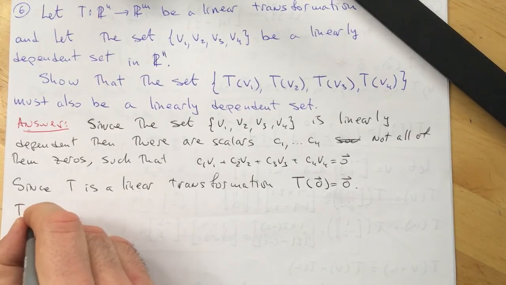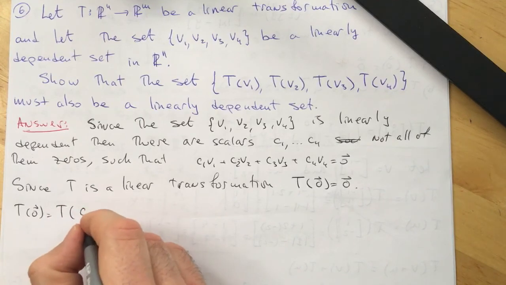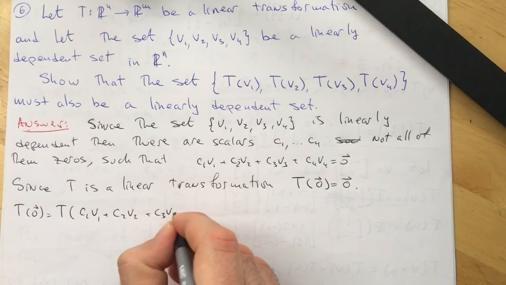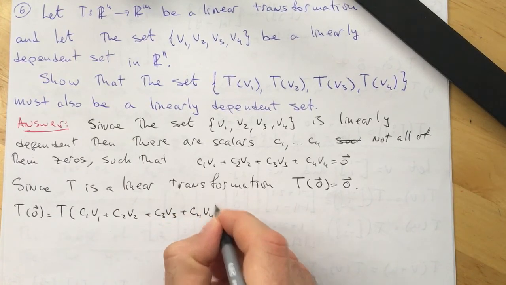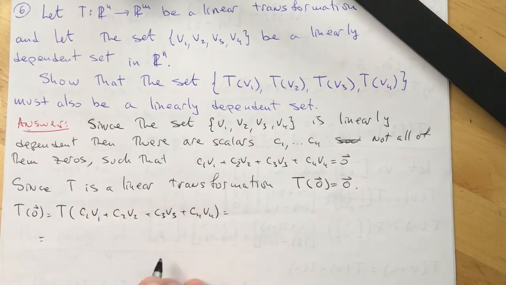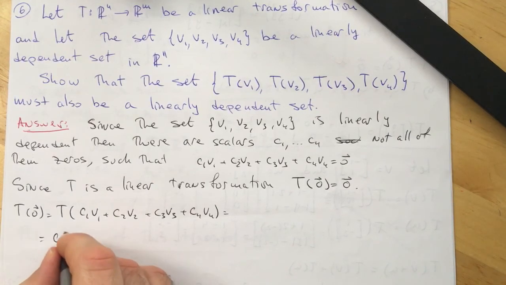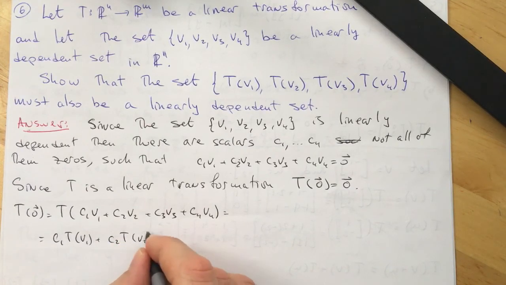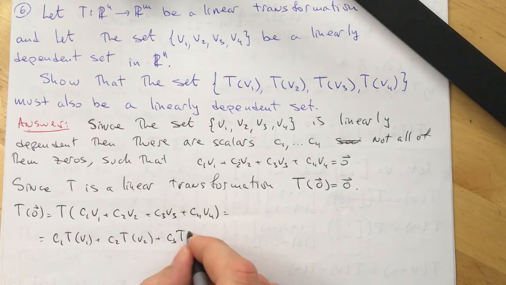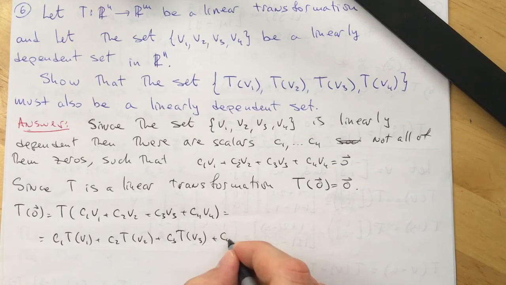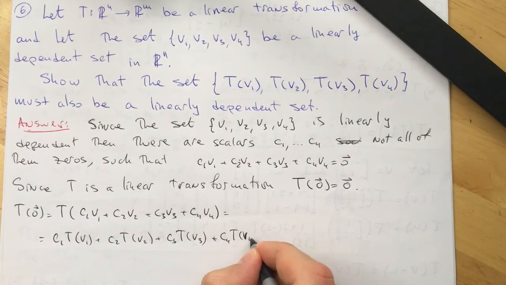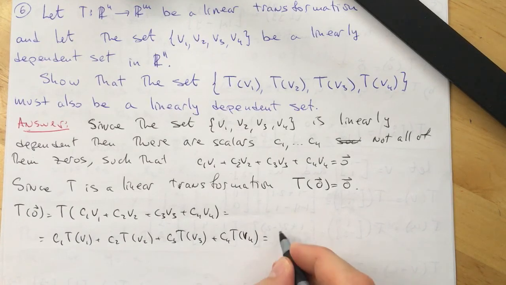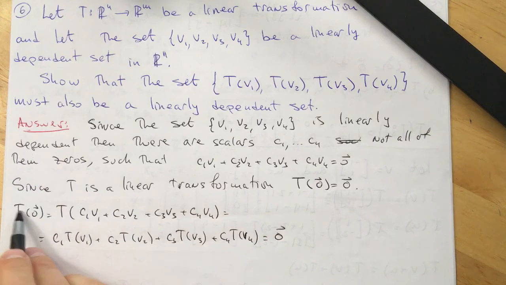So T of 0 means T of C1 V1 plus C2 V2 plus C3 V3 plus C4 V4. And because this is a linear transformation, this is equal to C1 T of V1 plus C2 T of V2 plus C3 T of V3 plus C4 T of V4. But this sum of vectors, what do we know? It's also equal to the 0 vector because T of 0 gives you 0.